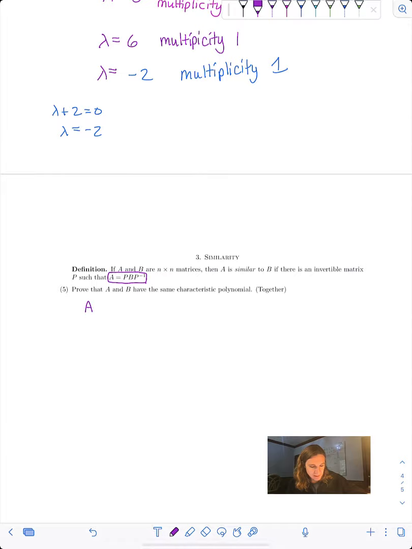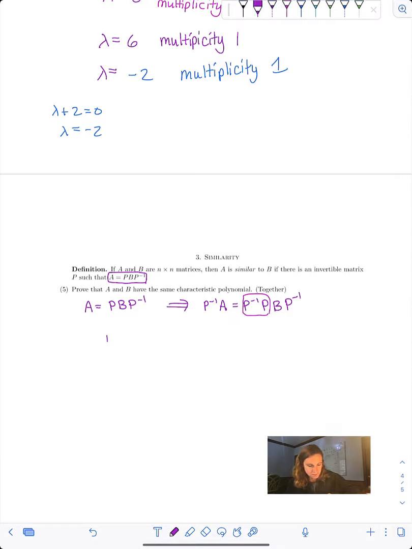And so to do that, we first can note that if A equals P B P inverse, well, that actually implies, let's multiply by P inverse on both sides. So P inverse A equals P inverse P B P inverse. And then these P inverses become the identity.